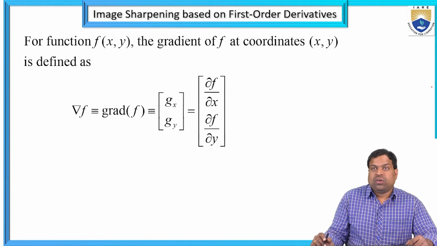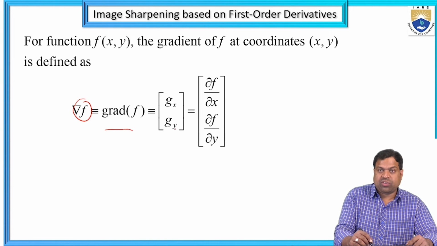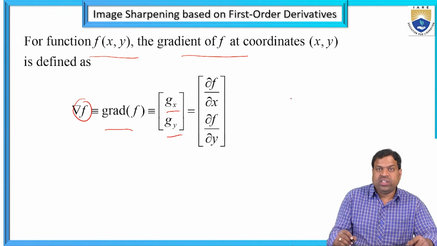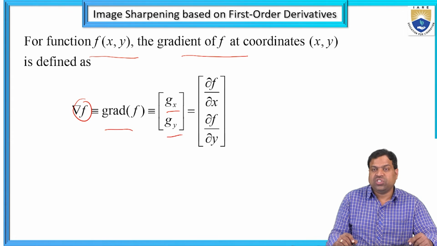For a function f of x comma y, the gradient of f at coordinates x comma y is defined as delta f equal to the gradient of f, equal to gx, gy, which are the partial derivatives dou f by dou x and dou f by dou y.